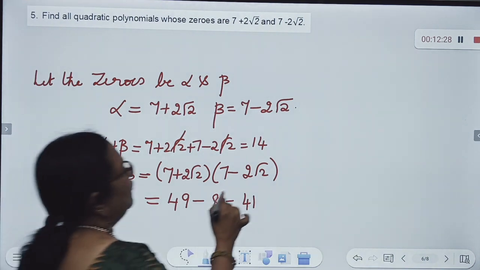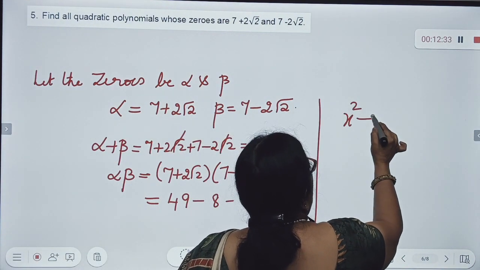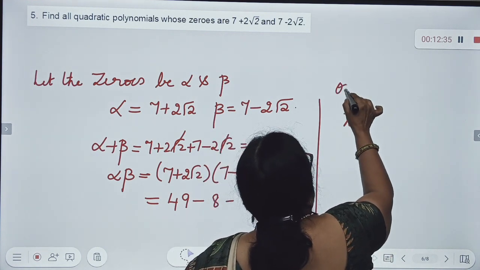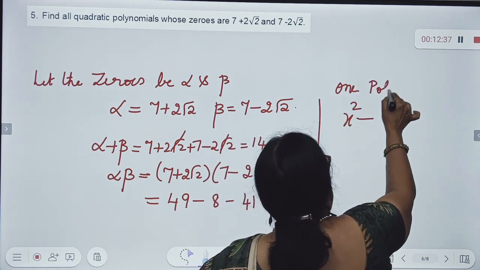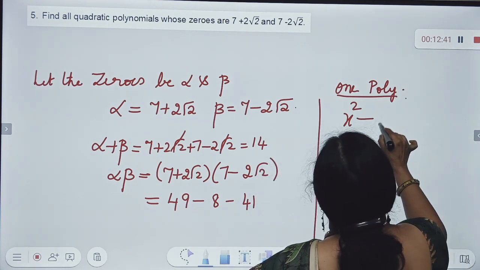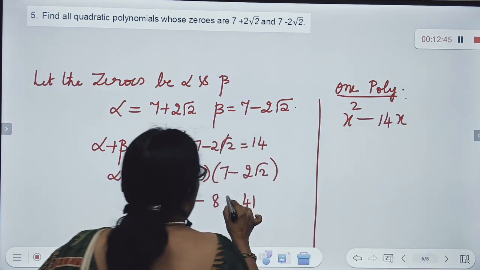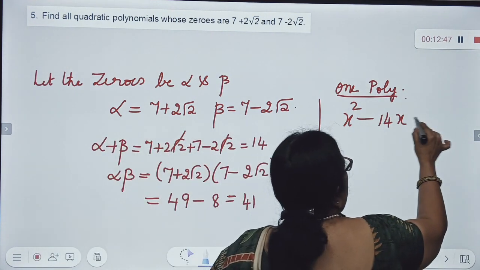Now, therefore the equation is x square minus... One polynomial, first let me write. One polynomial is x square minus 14x plus 41.